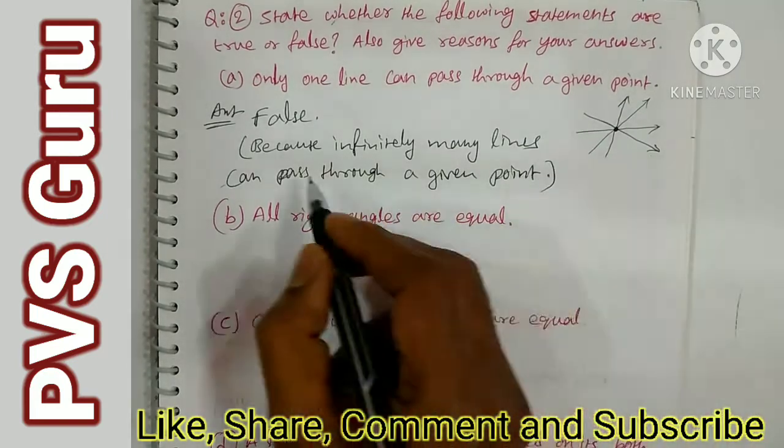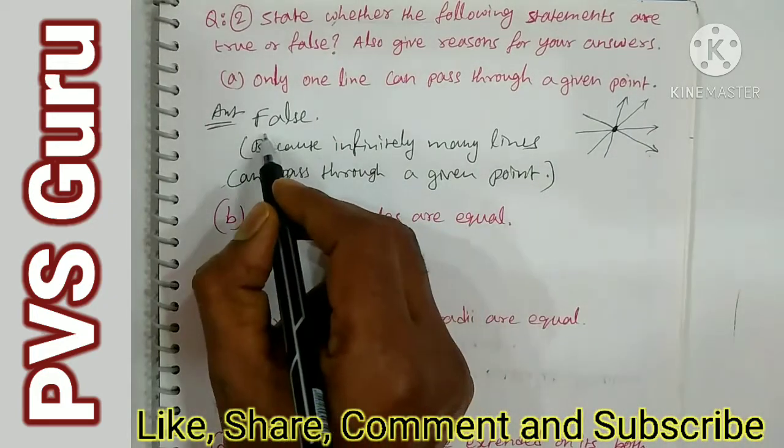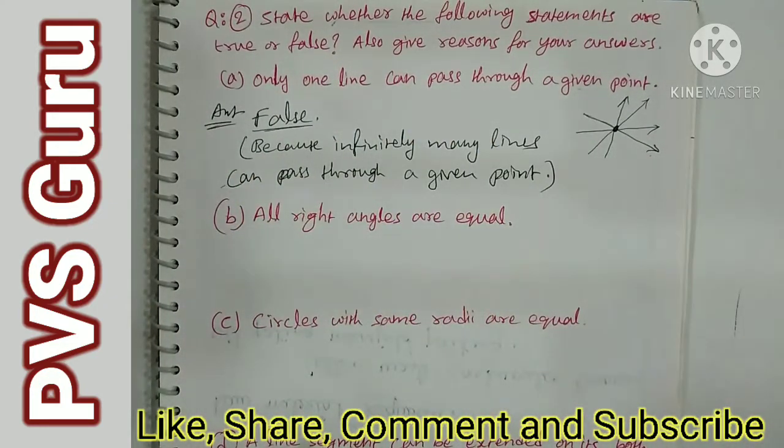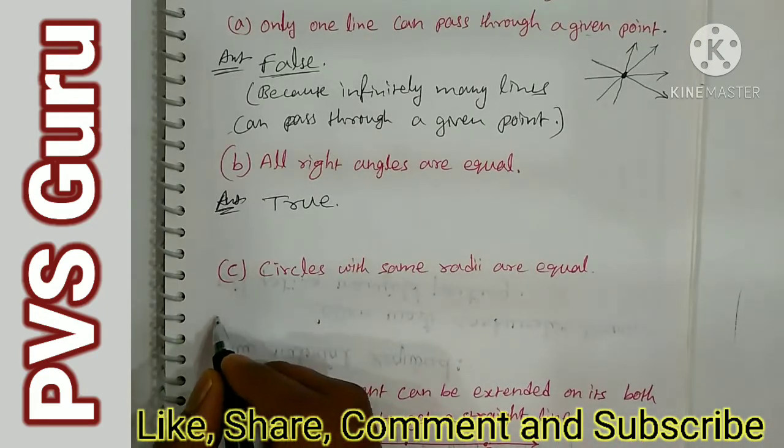Since any number of lines can be drawn through the given point, the given statement is false. Second bit, all right angles are equal. Yes, all right angles are equal to 90 degrees. So it is true.